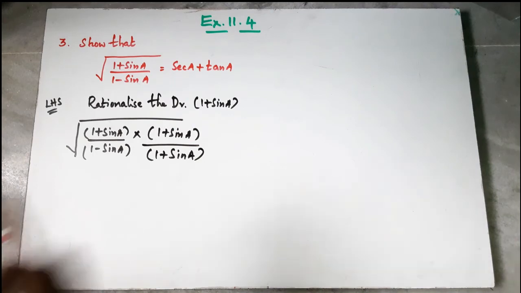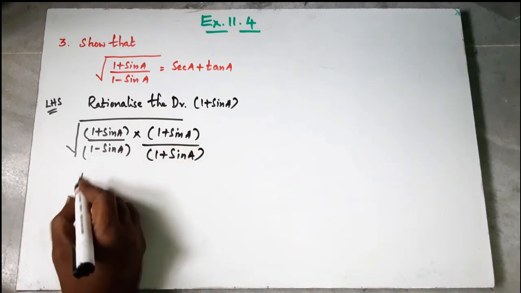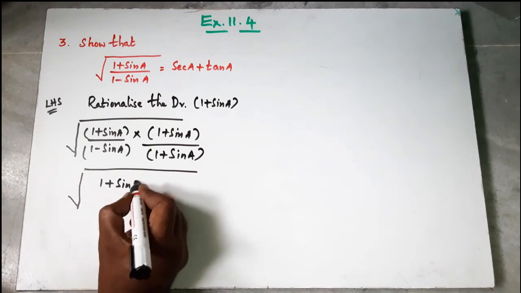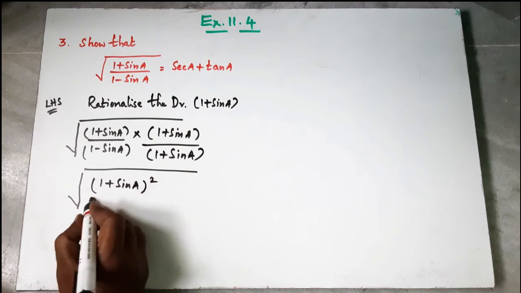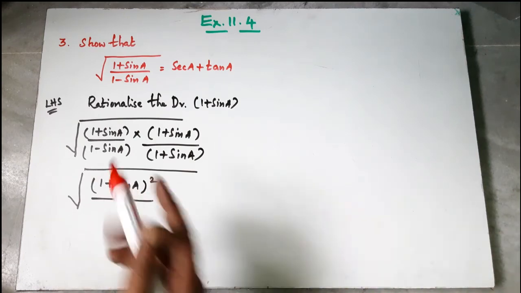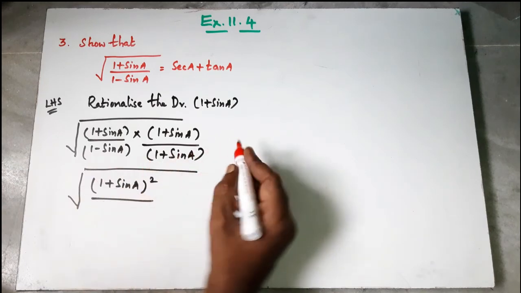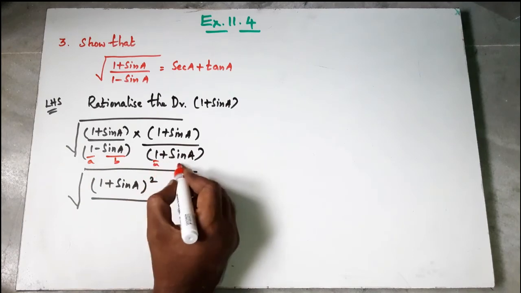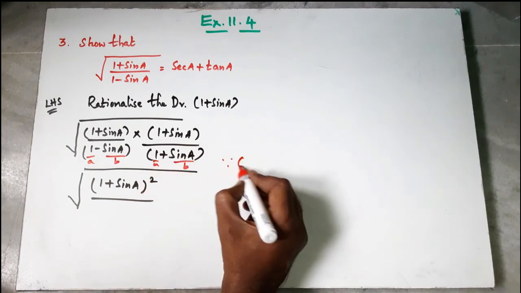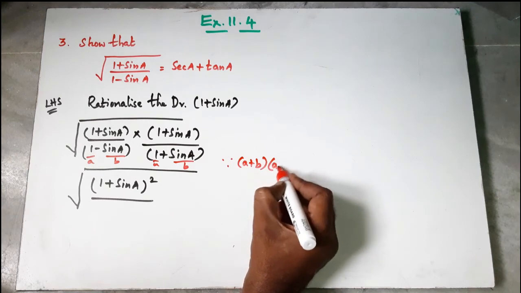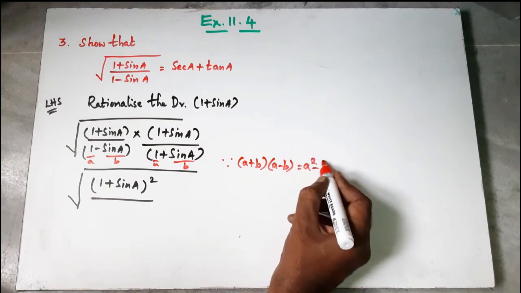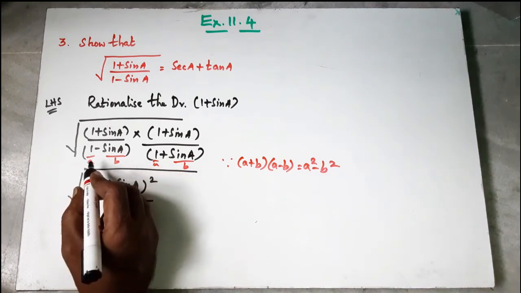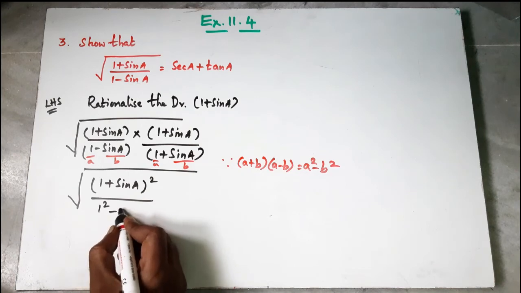Now here numerator 1 plus sin a into 1 plus sin a, it is (1 plus sin a) whole square, by here in the denominator 1 minus sin a into 1 plus sin a, that is nothing but, if you consider this is a and this is b, a plus b into a minus b is equal to a square minus b square. So what happens here? A square means 1 square, b square means sin square a.